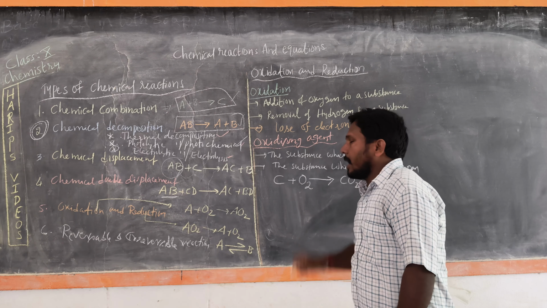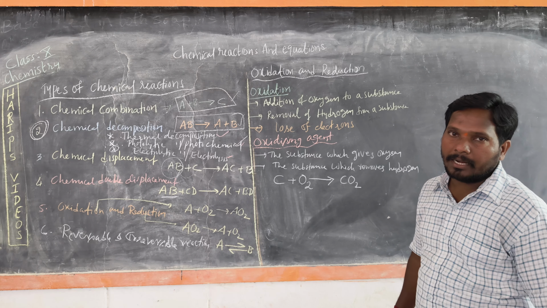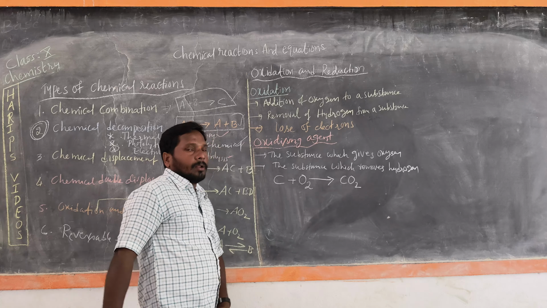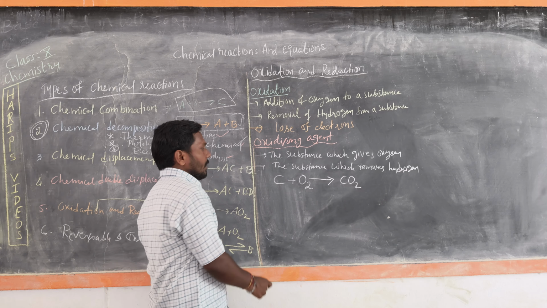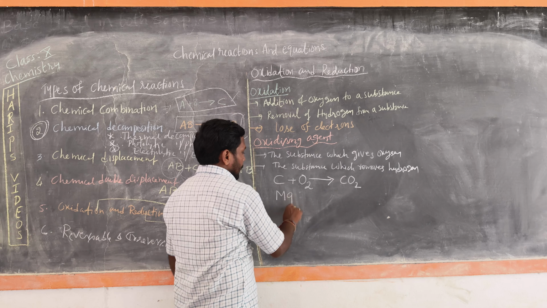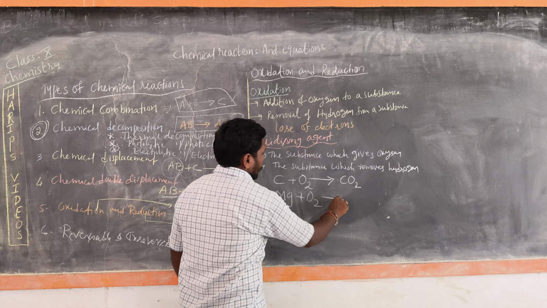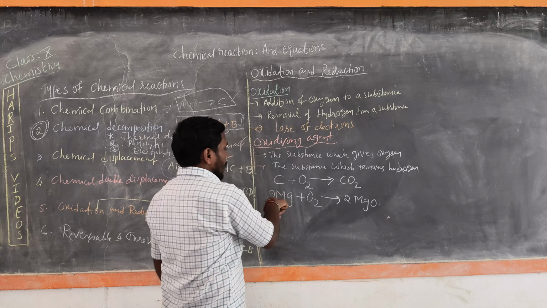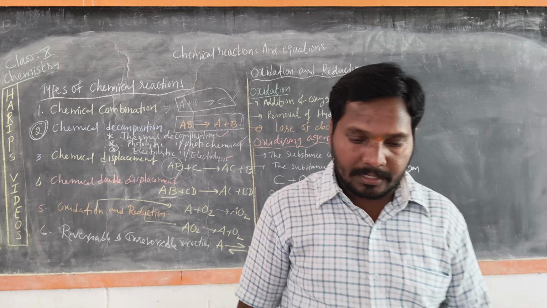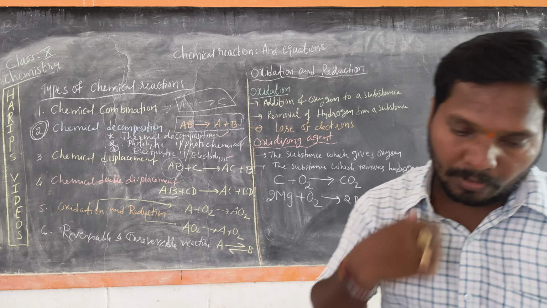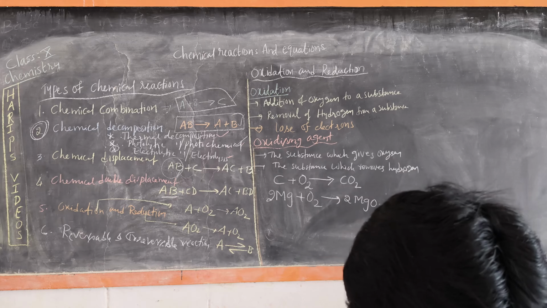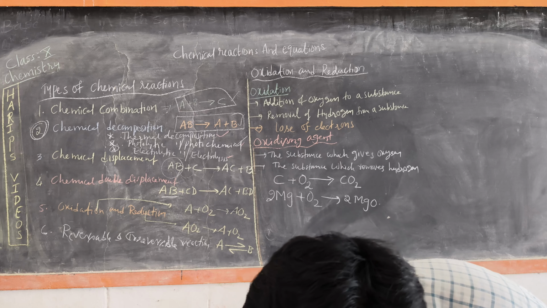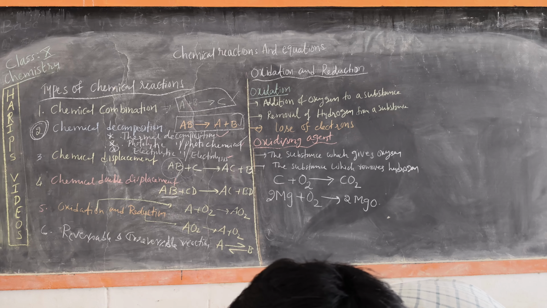Here, oxygen is added to carbon by heating. So this is an example of oxidation. Similarly, magnesium plus oxygen forms magnesium oxide. So it is also an example of an oxidation reaction.